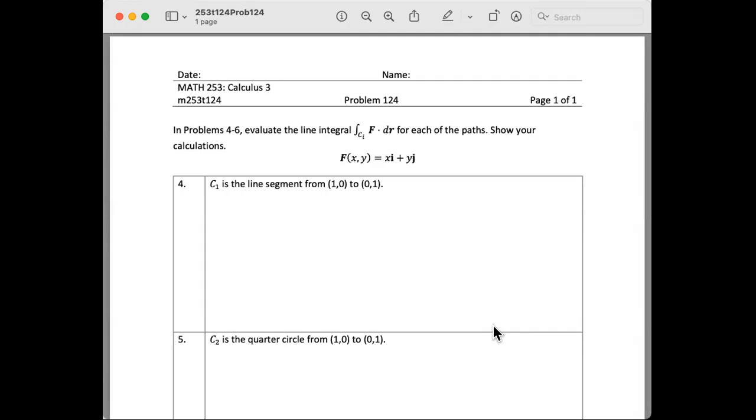We have two different paths, the same starting point and the same ending point. Did something different happen on this problem that's made it stand out from the previous problem?